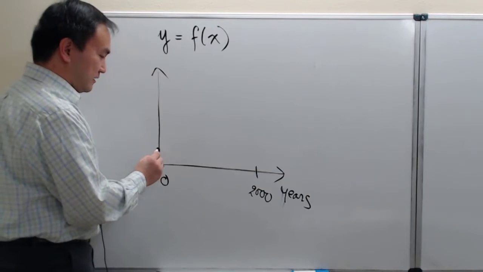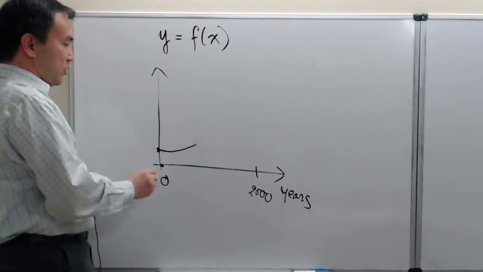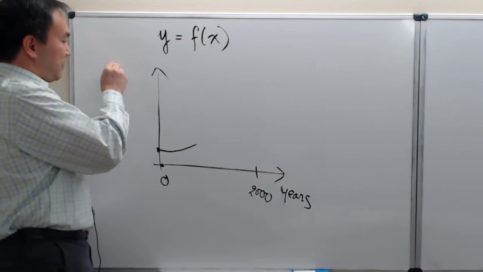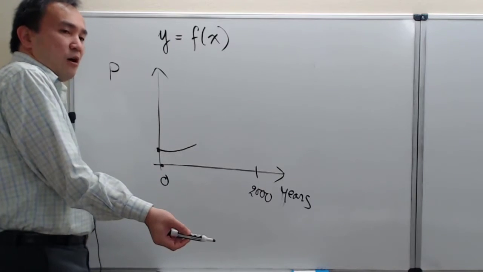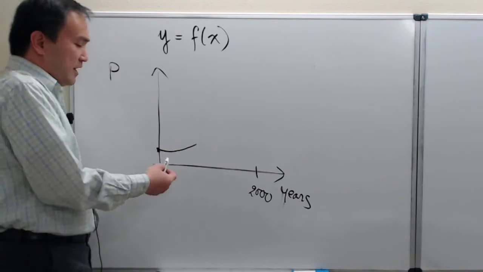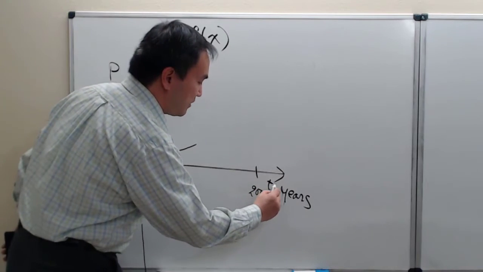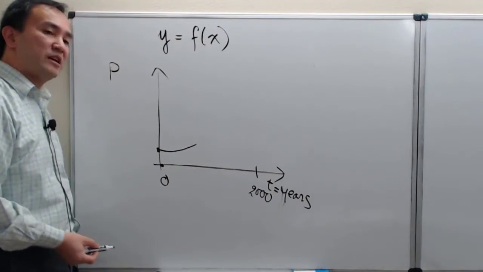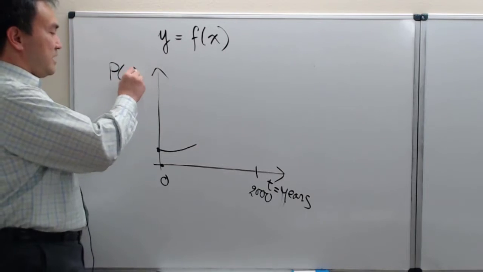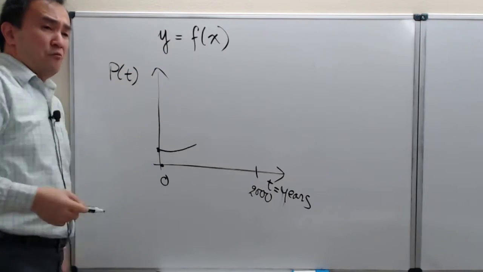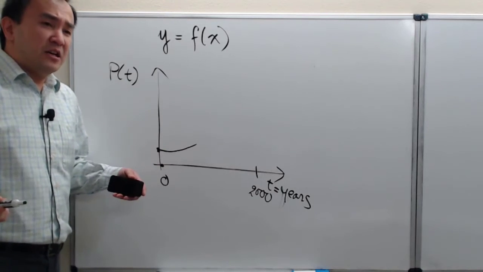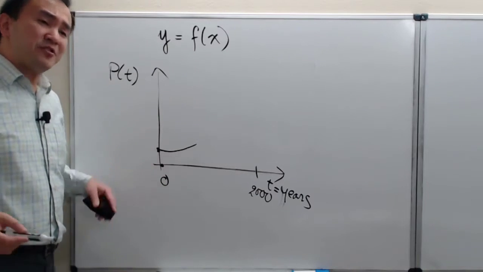The vertical axis here can represent our population that I call the letter P. So instead of using x and y's all over every single time, we can switch to t equals the amount of years, and then P of t, where P stands for the population amount, how many human beings are in the population.